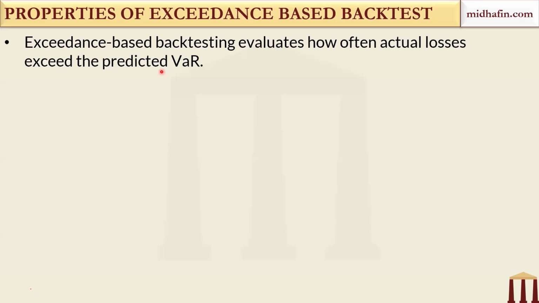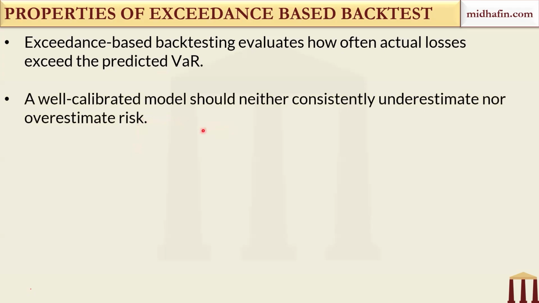It simply means that the model's hit rate should match its stated confidence level. If you have too few exceedances, the model is too conservative. If there are too many exceedances, then it is underestimating risk.